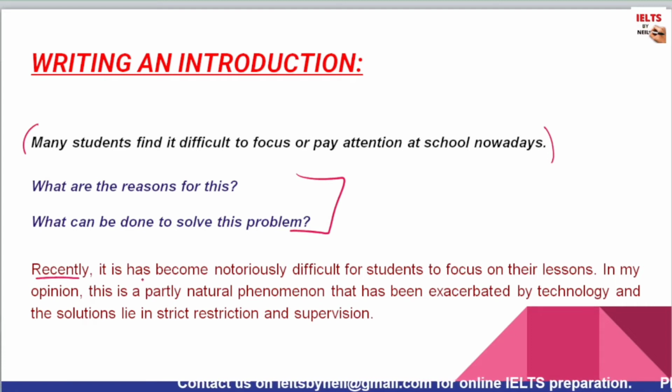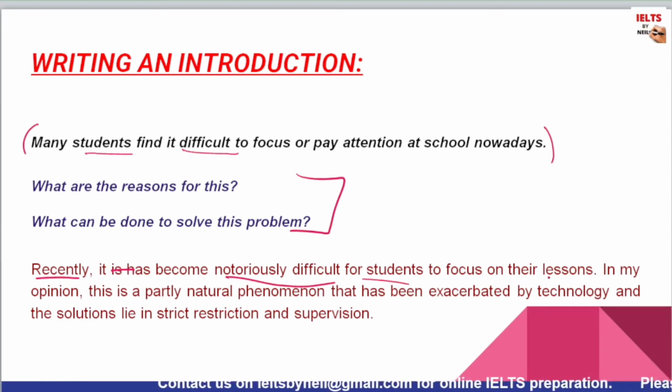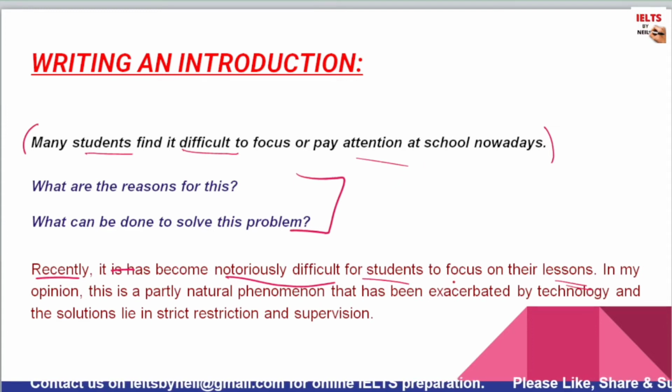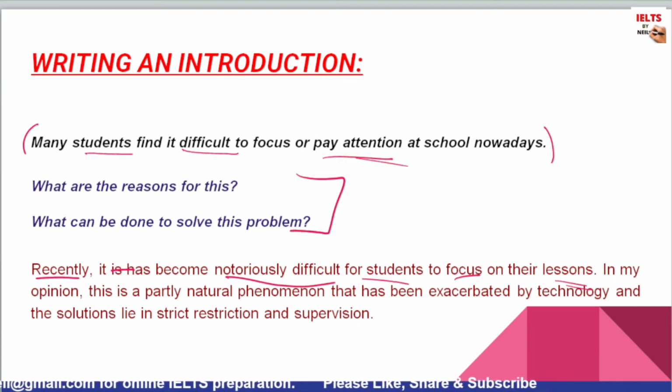So, recently it has been notoriously difficult for students to focus on their lessons. Notoriously difficult, I've used the difficult. Students is the same, and their lessons are being done in the school. Focus is attention. So I have used some words differently to explain the same situation.